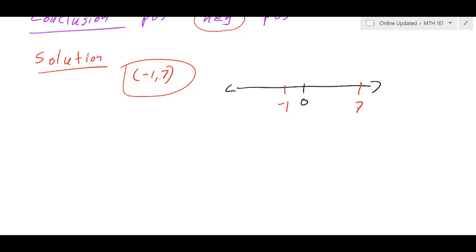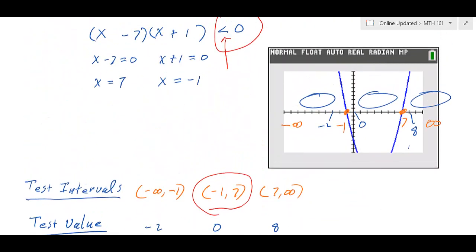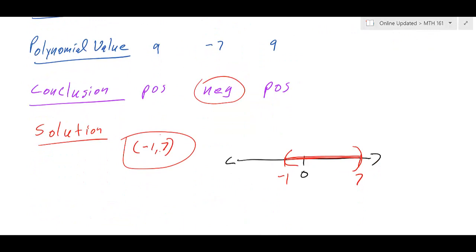Then the solution would be simply parentheses at negative 1, parentheses at 7, and we would highlight everything in between, indicating x can take on any value between negative 1 and positive 7. So once again, if we go back to the graph, we can see if we're going from negative 1 to positive 7, all of the values that we get out would be negative values. So therefore, this is our solution.